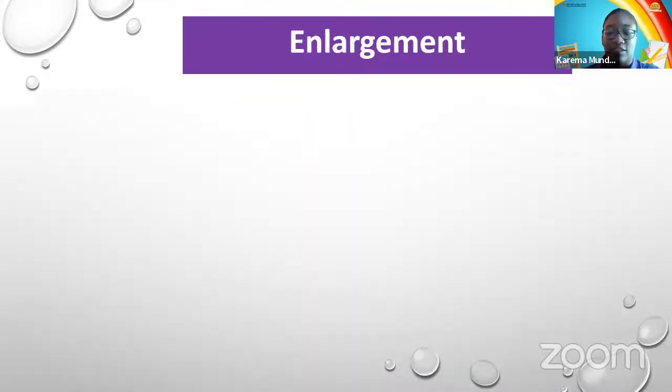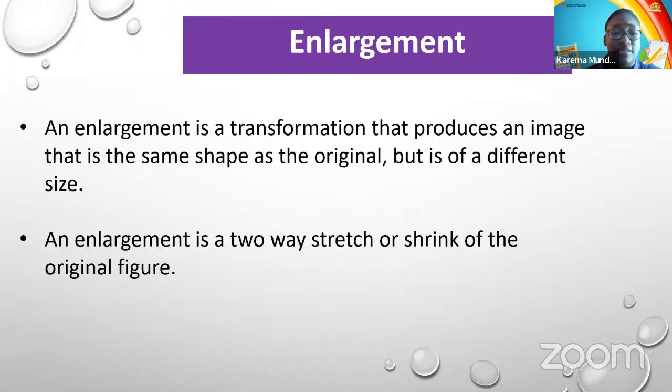Now, as we continue, when we talk about enlargement, as we said earlier, it's one of the transformations, right? But it produces an image that is the same shape as the original, but is of a different size.